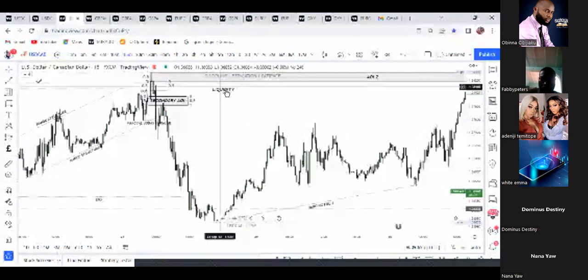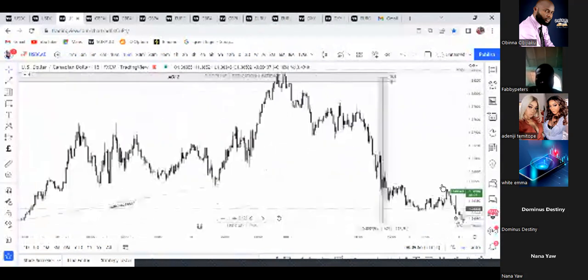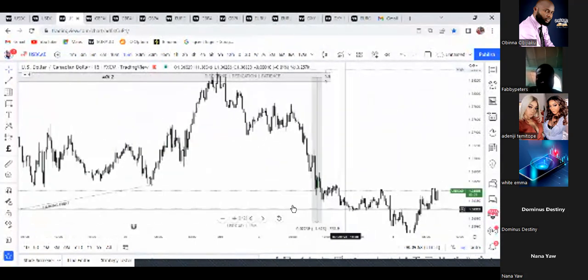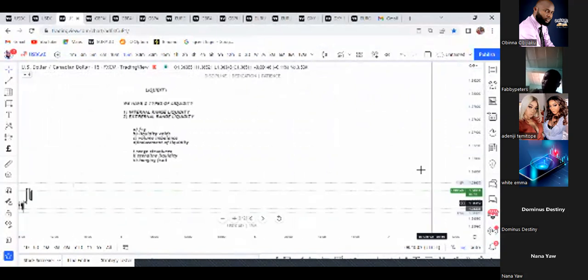So today we are going to be taking internal range liquidity, guys. That's the biggest of all liquidity. Like I said, we have external and we have internal range liquidity.